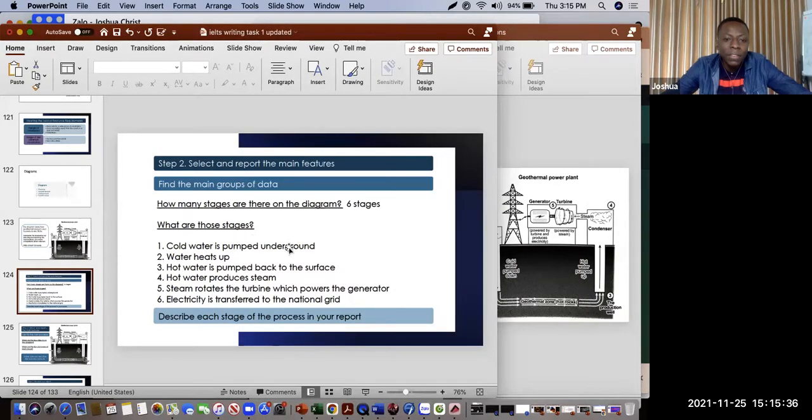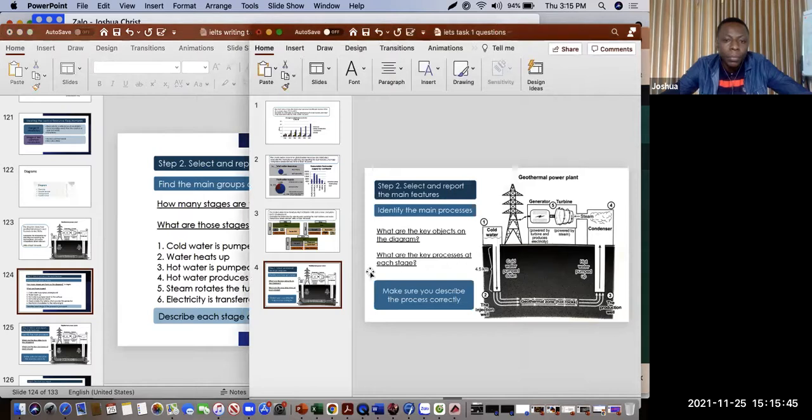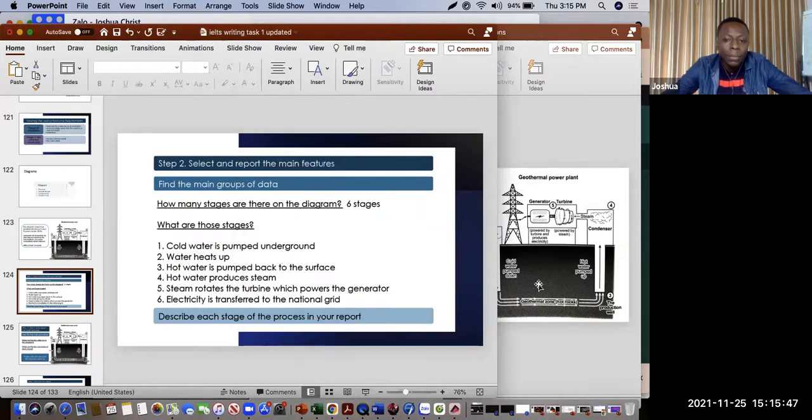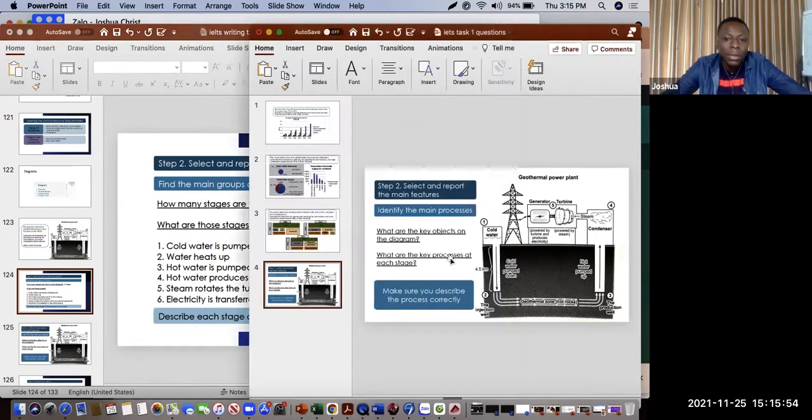What are these stages? So we've got cold water is pumped underground as the first step. The water heats up, the second step. The hot water is pumped back to the surface, the third step.